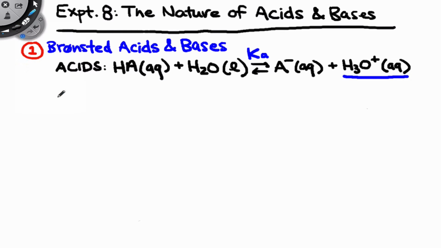A Bronsted base is defined as a species that accepts a proton. If we're talking about a Bronsted base acting in water, we're talking about accepting a proton from water.